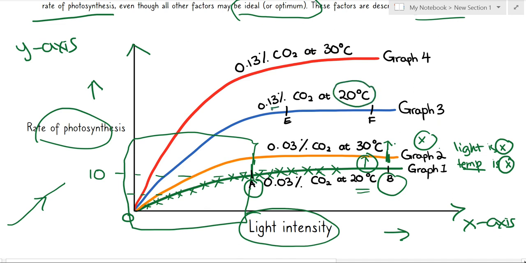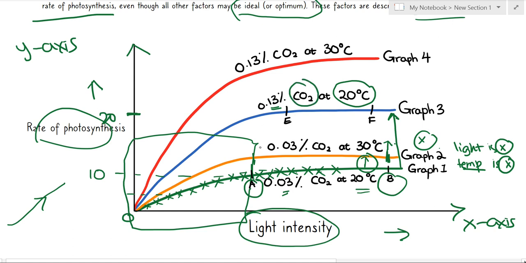When we increase the carbon dioxide level from 0.03 to 0.13, we can see the graph shoot up. It goes up to here now. So this was 10, and let's say that's around 20. That means the rate of photosynthesis reached higher than it was before, at the same temperature, where we only changed the carbon dioxide.